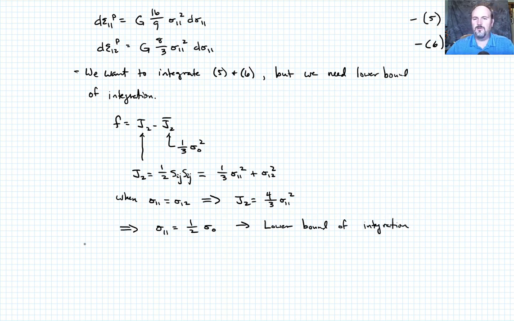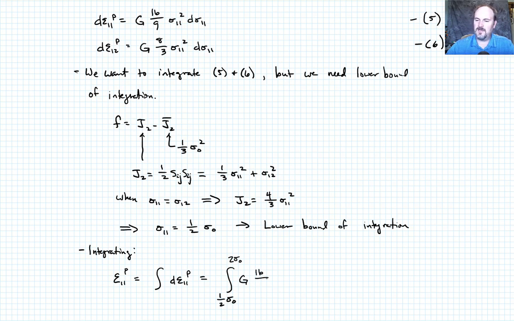So let's go ahead and do that. Integrating, here's equation 5. We want to say epsilon 1,1 plastic is going to be equal to the integral of d epsilon 1,1 plastic, right? Which we can say is the integral from, now we know the lower bound, 1/2 sigma naught up to 2 sigma naught of 16 ninths sigma 1,1 squared times d sigma 1,1.